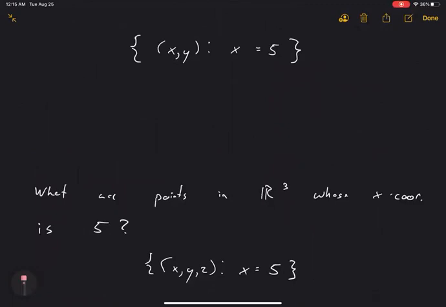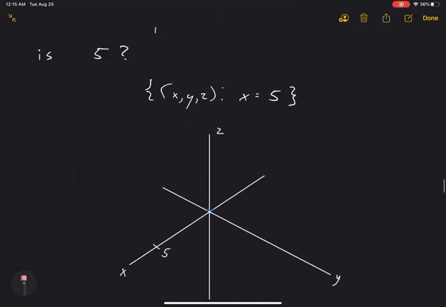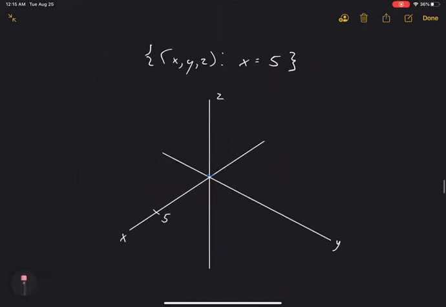Let's use the same equation. What are the points in R3 whose x coordinate is equal to 5? Well, let's find 5 in our three dimensions. Now, what are all the points in this three-dimensional space whose x coordinate is equal to 5? Let's find some points.